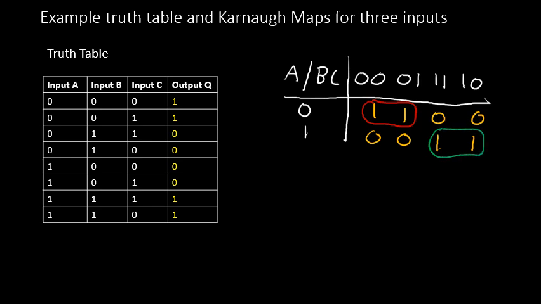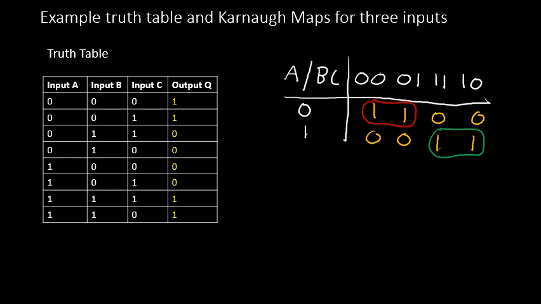So let's now figure out how we express each of those boxes separately as algebraic expressions. For the top red box here, it doesn't matter what the value of C is, 0 or 1, regardless, but we can see that A is 0, so it's not A, so clearly that is constant there.